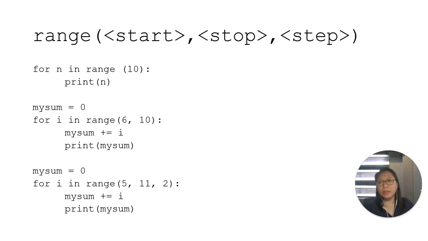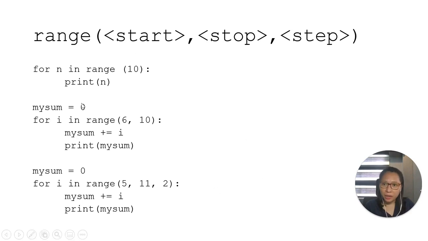So here are some examples of range. In the first one, for n in range 10, print n. This is the equivalent code in for construct of the previous while problem I showed you.